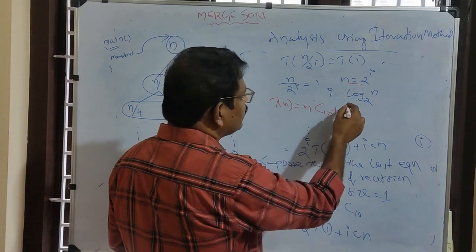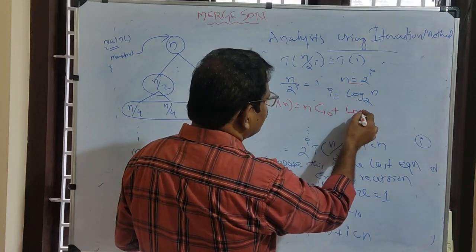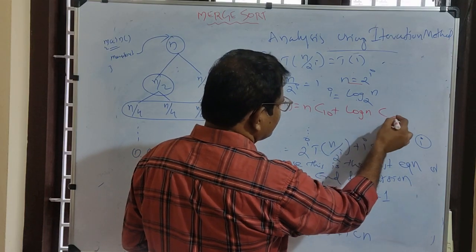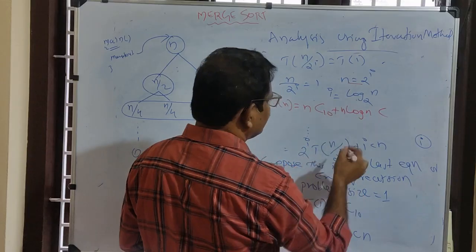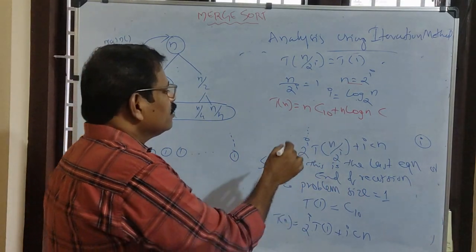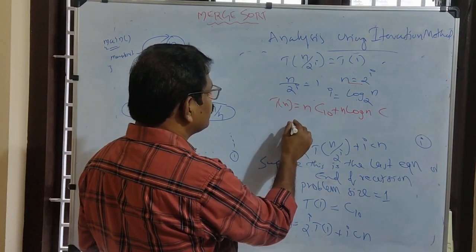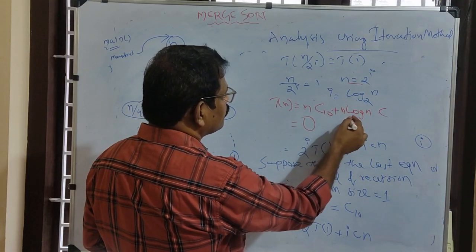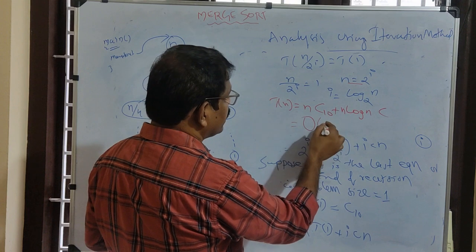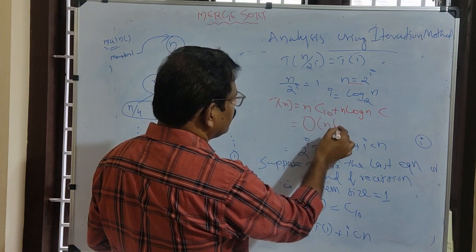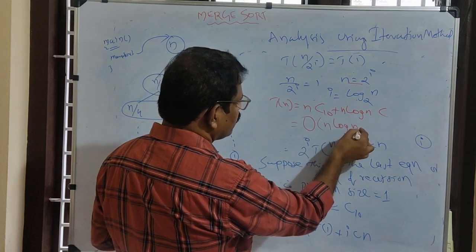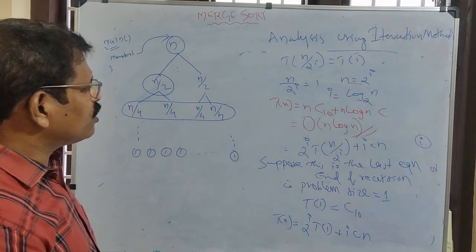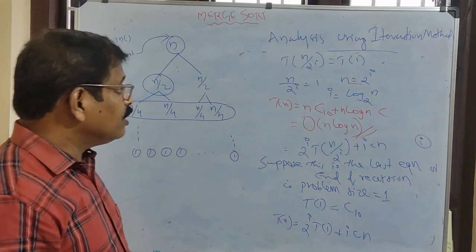We know what i is. i is log n, so n C1 plus Cn log n. We can write the complexity is big O. This is the dominating term, so we can say n log n. We will say the time complexity of this merge sort algorithm is big O n log n.